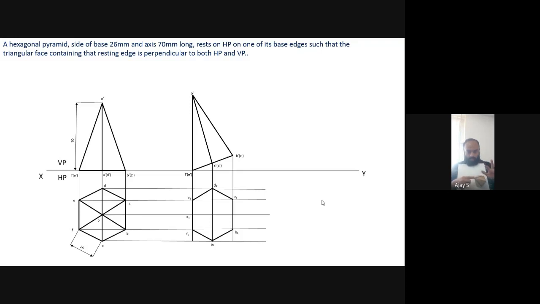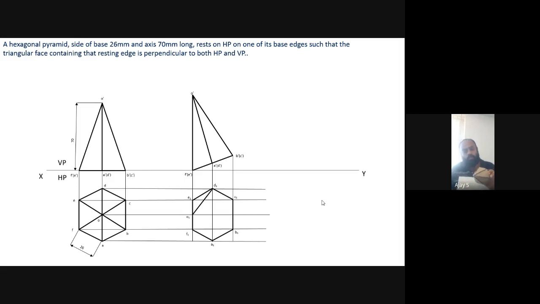Only thing is, this point and this point will overlap. If this is perpendicular, can you see all 6 sides? 1, 2, 3, 4, 5, 6.